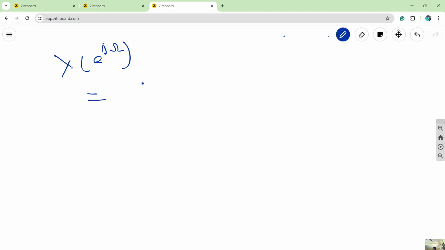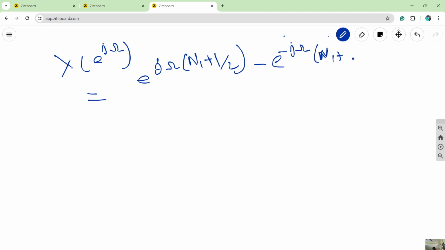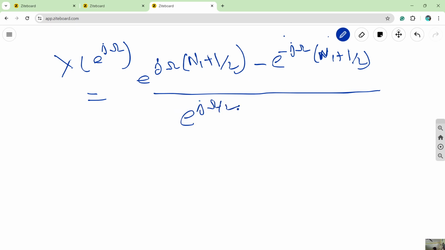This will be equivalent to e to the power j omega n1 plus half minus e to the power minus j omega n1 plus half, by e to the power j omega by 2 minus e to the power minus j omega by 2.